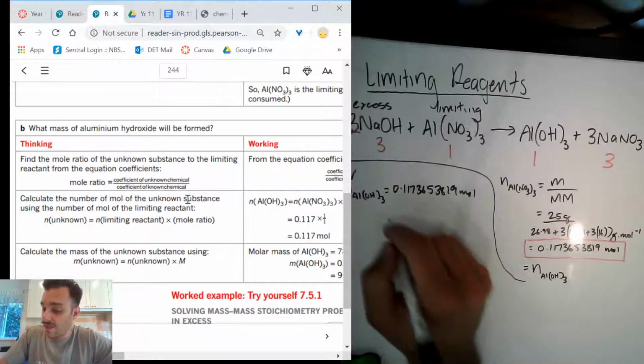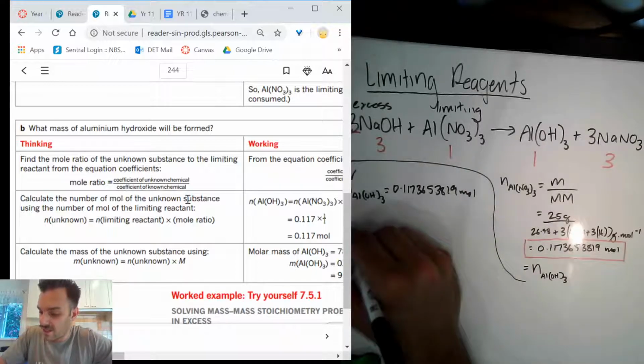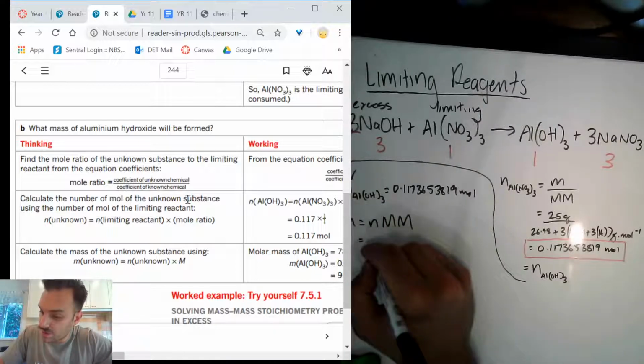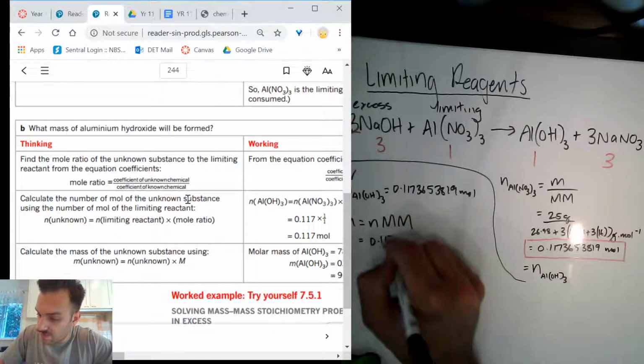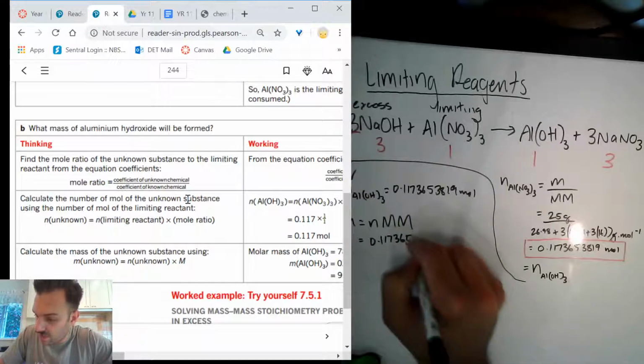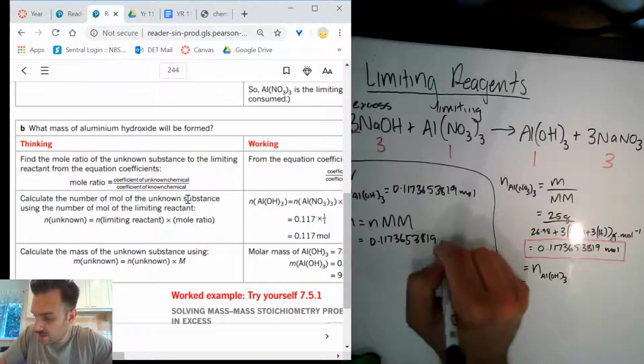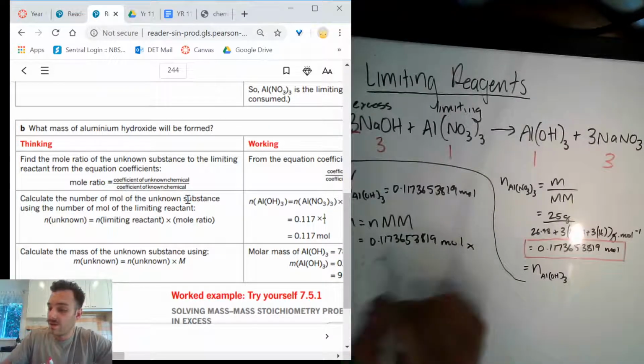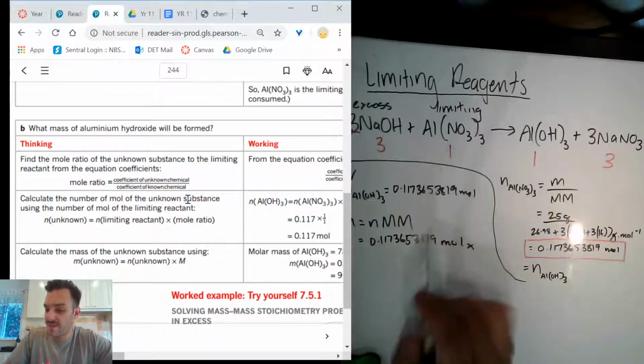Okay, for a mass, it's equal to the number of moles times the molar mass. The number of moles is 0.1173653819 moles multiplied by, now the molar mass of aluminium hydroxide is different to that of aluminium nitrate.